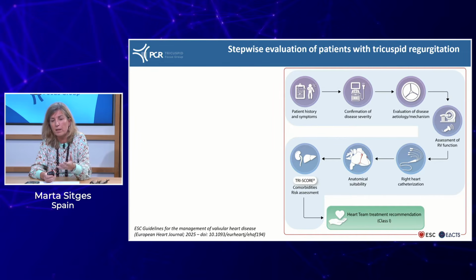And we have validated scores for that with the TRI-score and also the STS, but mainly in Europe, the TRI-score. And very importantly, the guidelines put this as a class 1 recommendation.